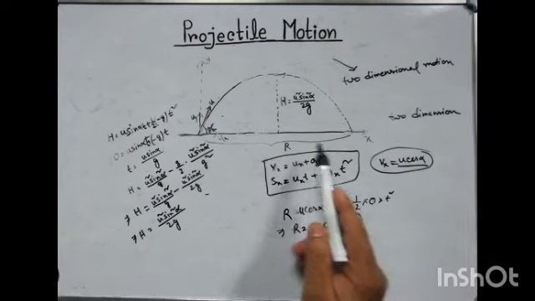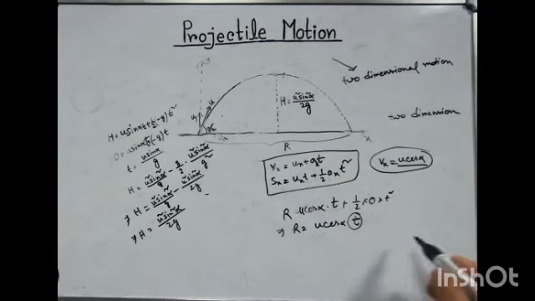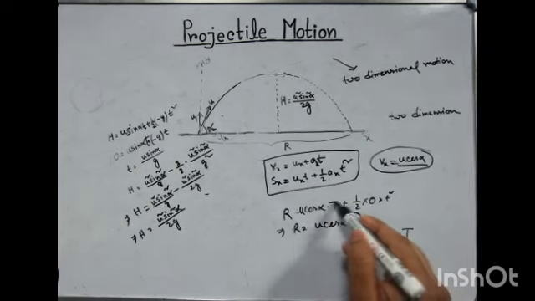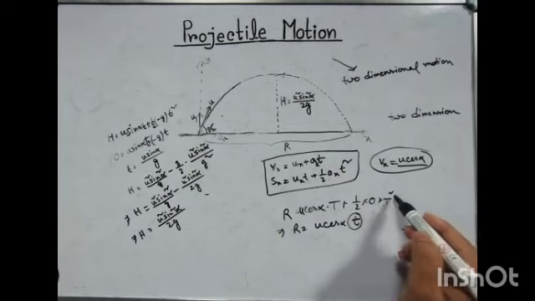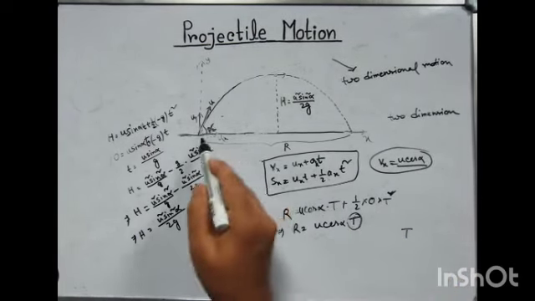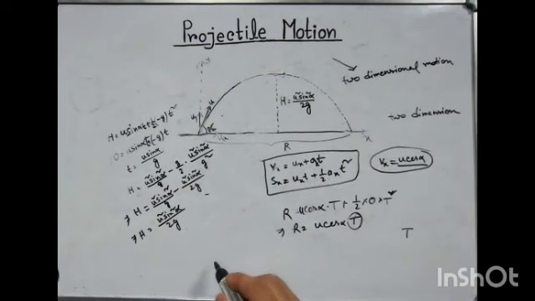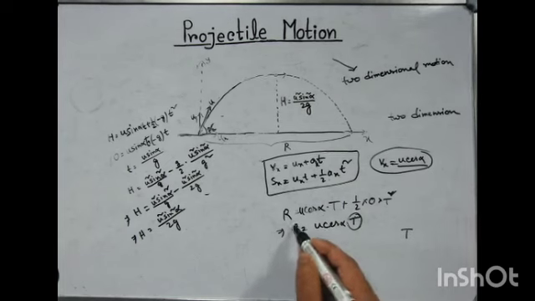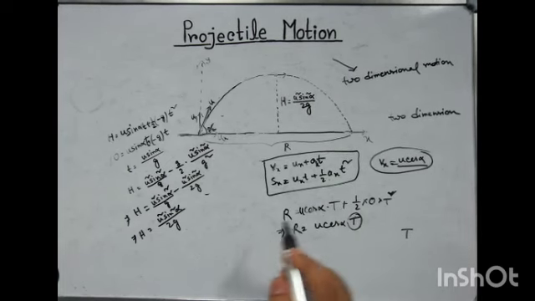This t will actually be the total time of flight, so we can write the total time of flight as capital T. So r equals u cos alpha into capital T. This capital T, the time of flight, we have to find now. If I can find the time of flight, then I can find the horizontal range easily from this formula.